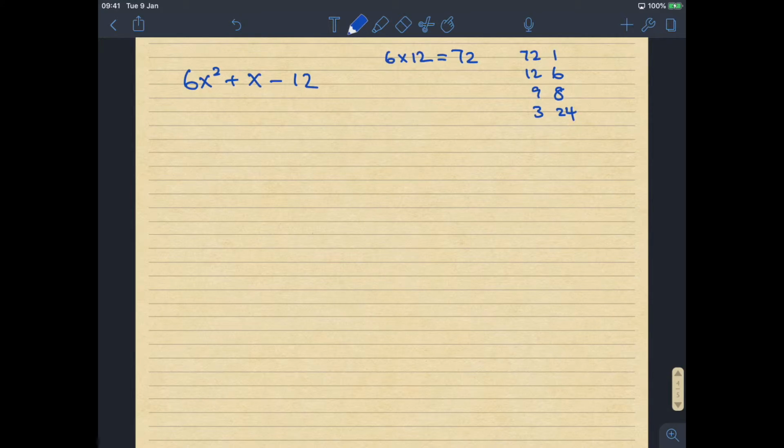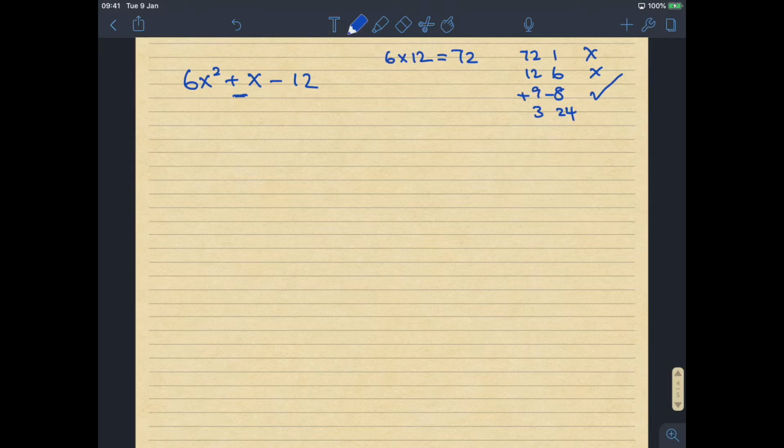We'll try a few first. And what can we do to get plus 1? 72 and 1, unlikely. 12 and 6, no. 9 and 8, that's it. This is the one we want. And we want plus 9 and minus 8.